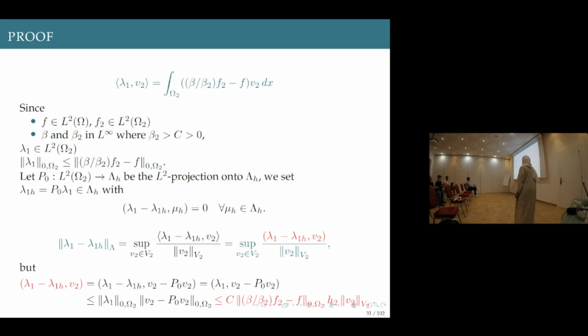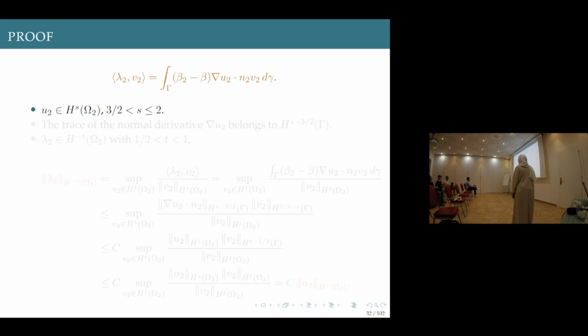Now the more complicated part is the next one, because here lambda 2 is not in L2. We have u, from the regularity assumptions, in H^s, where s is between 3/2 and 2. That means the trace of the normal derivative, grad u2, belongs to H^(s minus 3/2) at the interface.